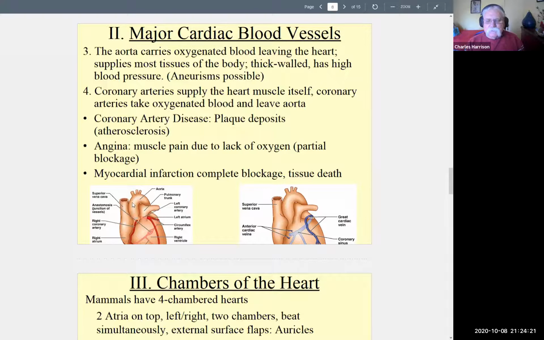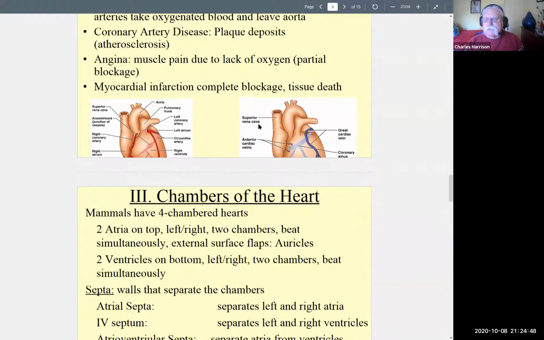It's right here. It curves up in what we call the aortic arch. Immediately we have 3 large vessels coming off, and these will transfer the blood to the arms and the head and all the rest of the upper body. Blood that doesn't make it through one of these 3 continues on and goes downward to the lower body.